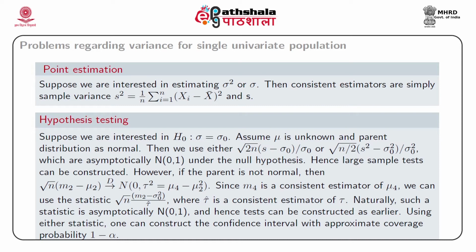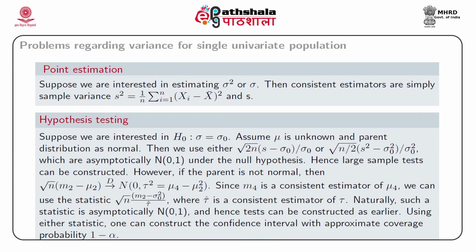For the first statistic, we have used the large sample distribution of the sample standard deviation, and for the second statistic we have used the large sample distribution of the sample variance, but each has an asymptotically normal distribution under the null hypothesis. Hence large sample tests can be constructed as given earlier.